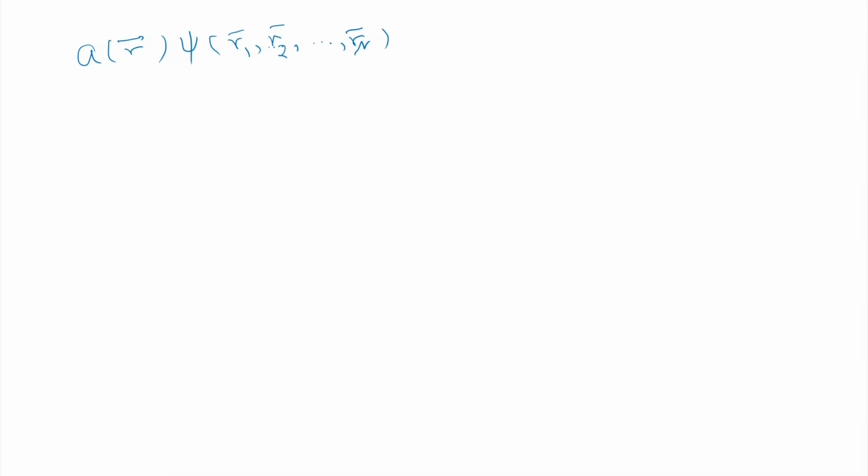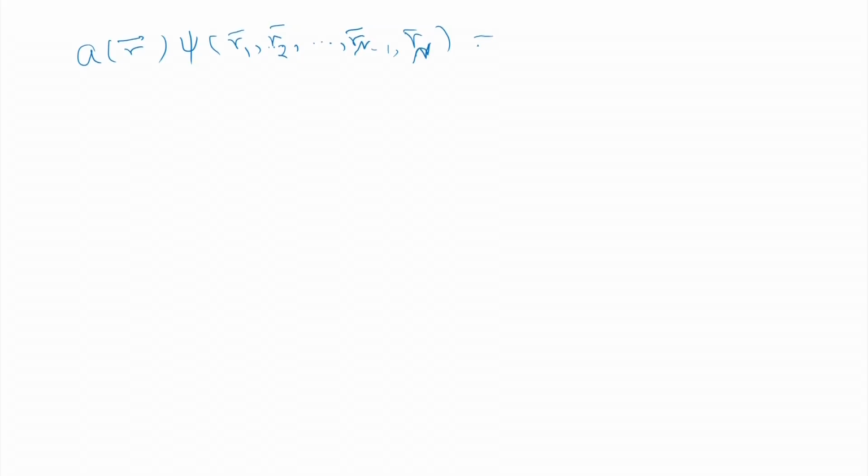So let me write it more explicitly. You have n variables starting from R1, R2 all the way up to Rn minus 1, comma Rn. So that's the last variable. What this operator does is it freezes the last variable. Notice that R1 and R2 are the locations of the particles, and the particles are dynamical and they can be anywhere they want to be.